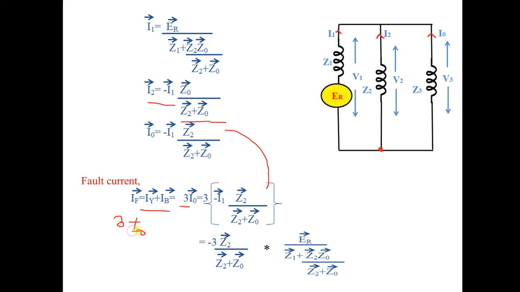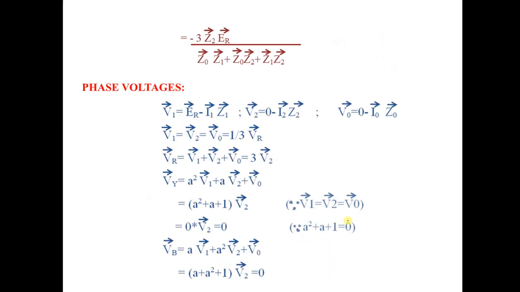We substitute I0 as minus I1 Z2 by Z1 plus Z2, and multiply the equations. The final equation is minus 3 Z2 ER by Z0 Z1 plus Z0 Z2 plus Z1 Z2. So this is the formula to obtain the phase current.